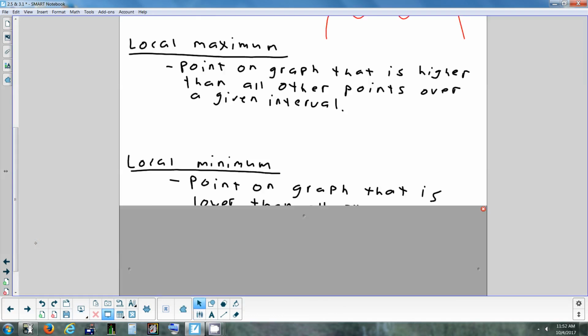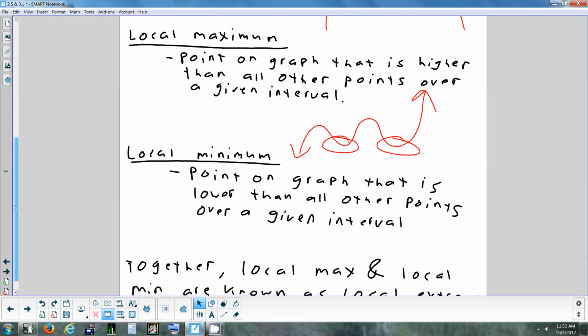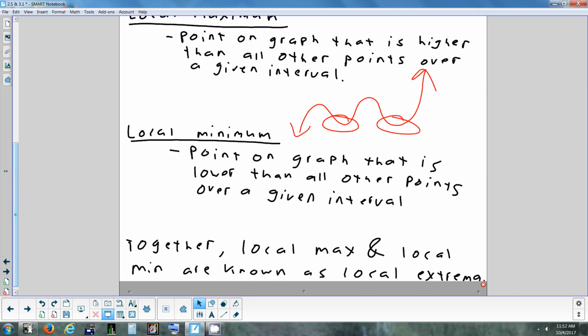A local min is a point that's lower than everything else around it. That's a local min. That's a local min. Together, all your local maxes and mins are called your local extrema. So if you see a question that says, find the local extrema for the following graph, what they're asking for is the local maxes and mins.